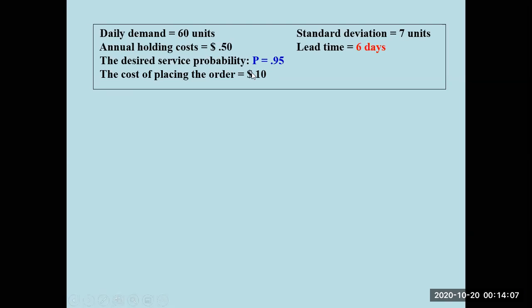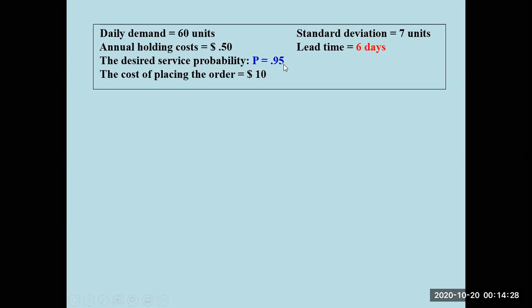Example: daily demand equals 60 units. Annual holding cost is 50 cents. The desired service probability, P, equals 0.95.